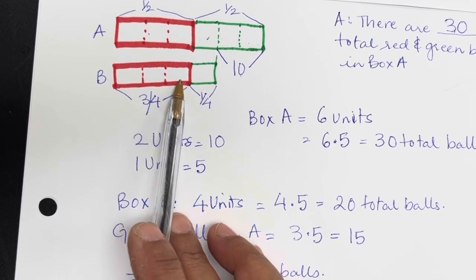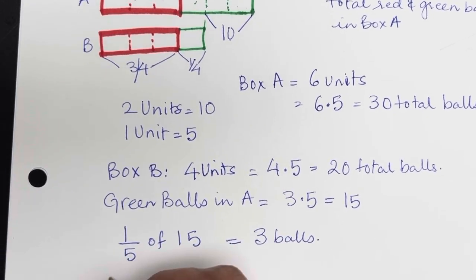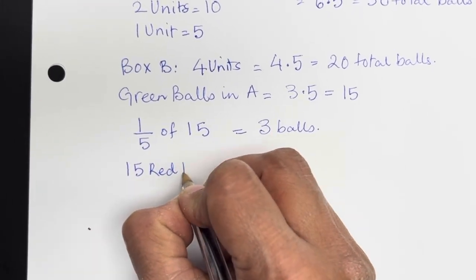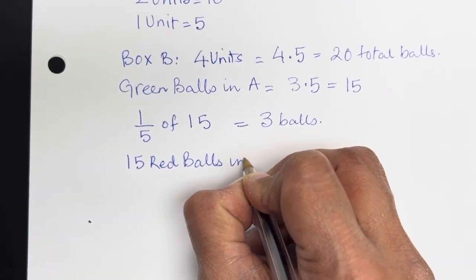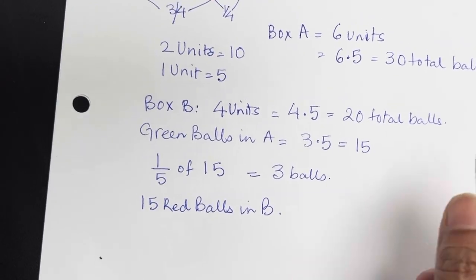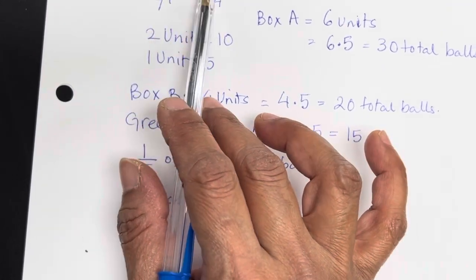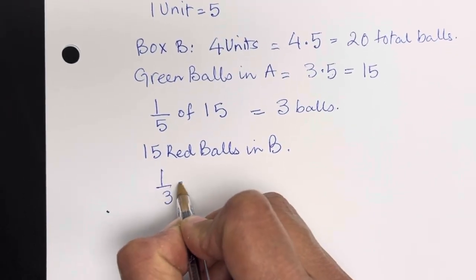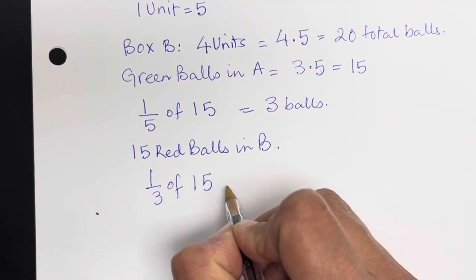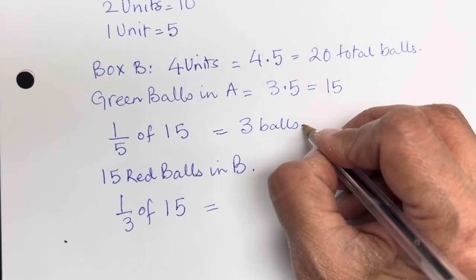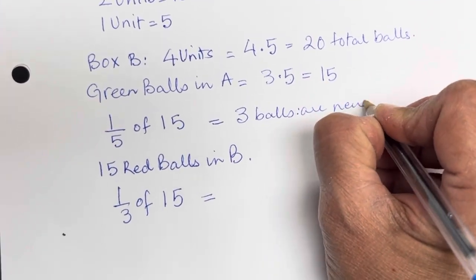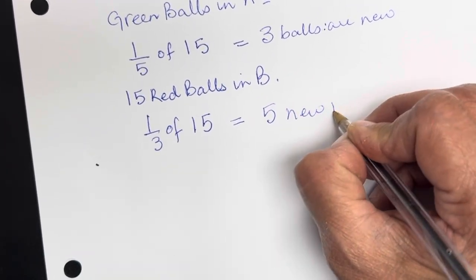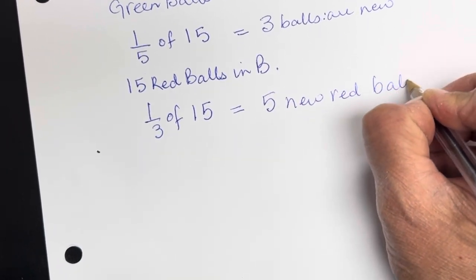Again, 3 units means I have 15 red balls in B. Correct? Because it's 3 units. And 1/3 of 15 are new. 1/3 of 15 is equal to 5 new red balls.